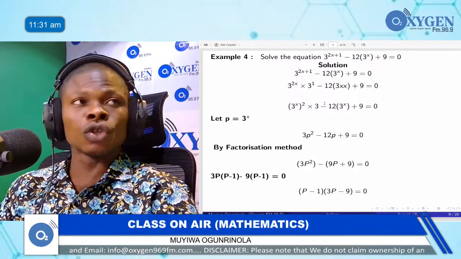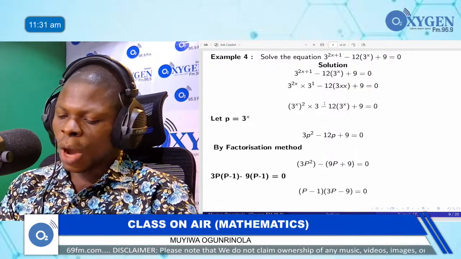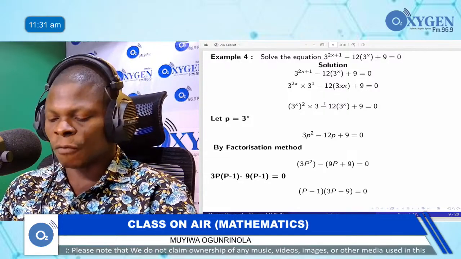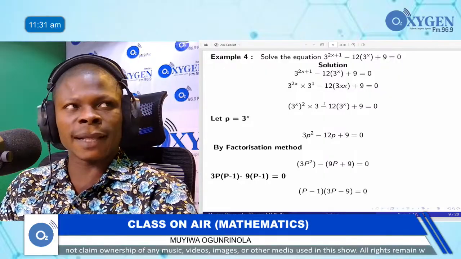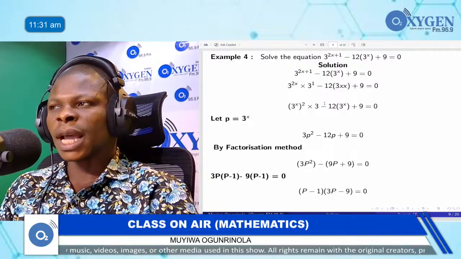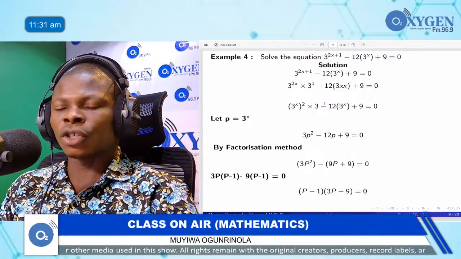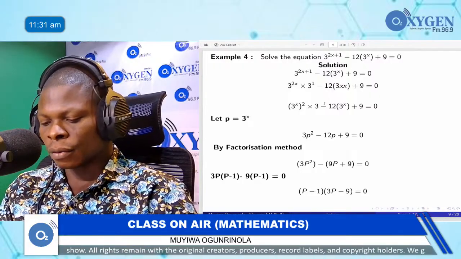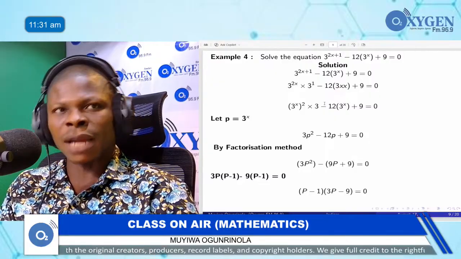Now, we are going to use the factorization method here too. The coefficient of p squared is 3, and you multiply it with 9, which gives you 27. Then you need to look for two numbers that when you multiply them together give you plus 27, and when you add them together give you minus 12.